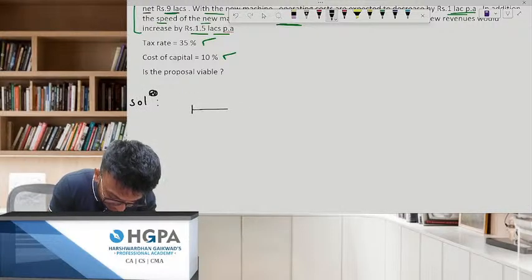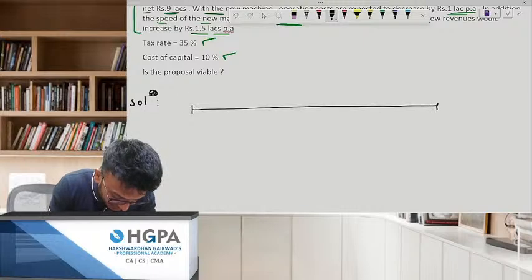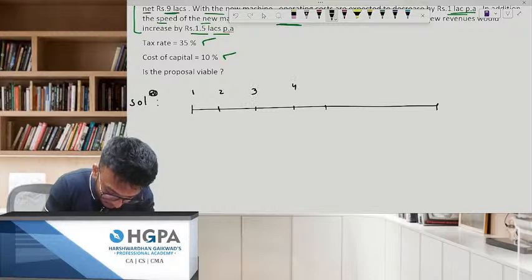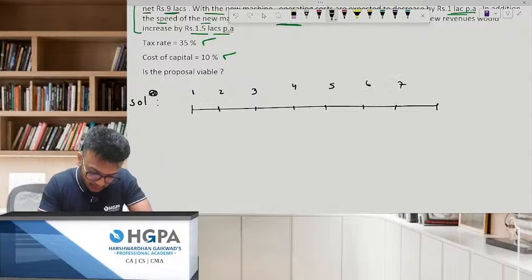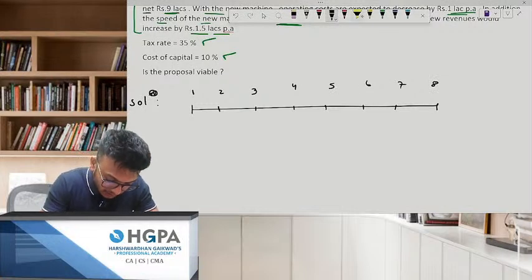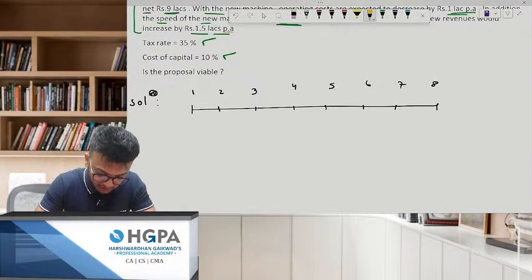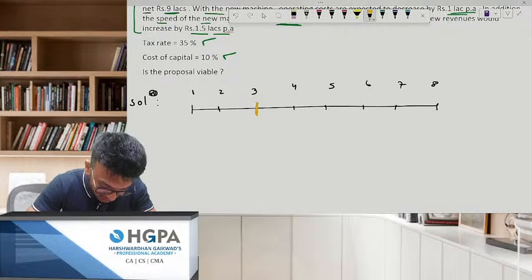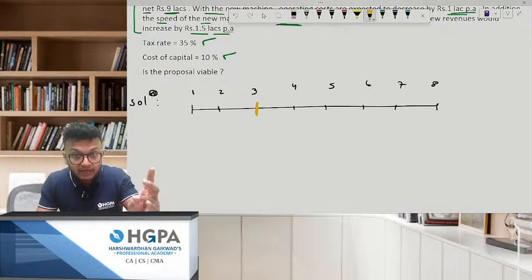So this is the scenario: 1, 2, 3, 4, 5, 6, 7 and 8. The information given for the old machine, so this is over here till year 4, 5, 6, 7, 8.